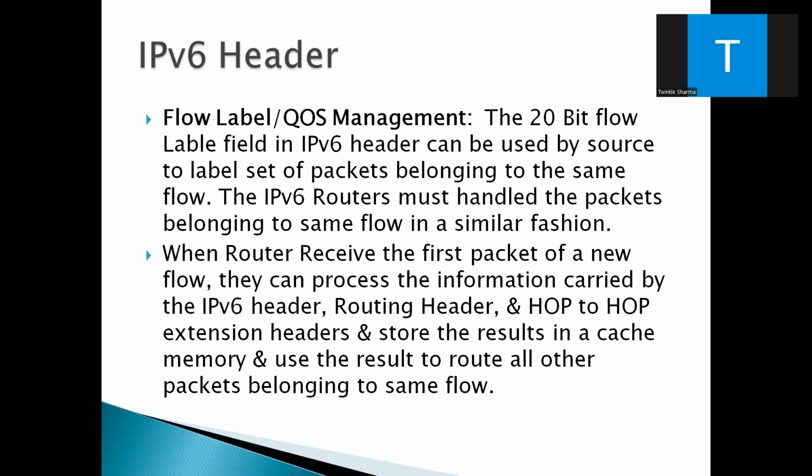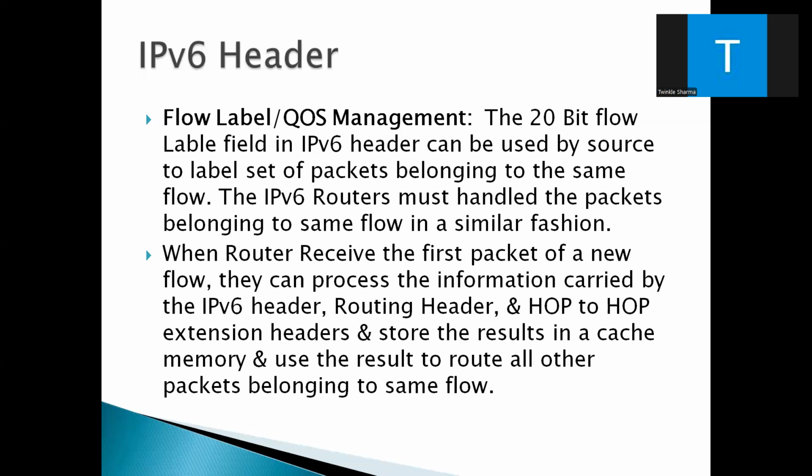When the router receives the first packet of a new flow, it can process the information carried in the IPv6 header, routing header, and hop-by-hop extension headers, store the results in cache memory, and use the results to route all other packets belonging to the same flow.